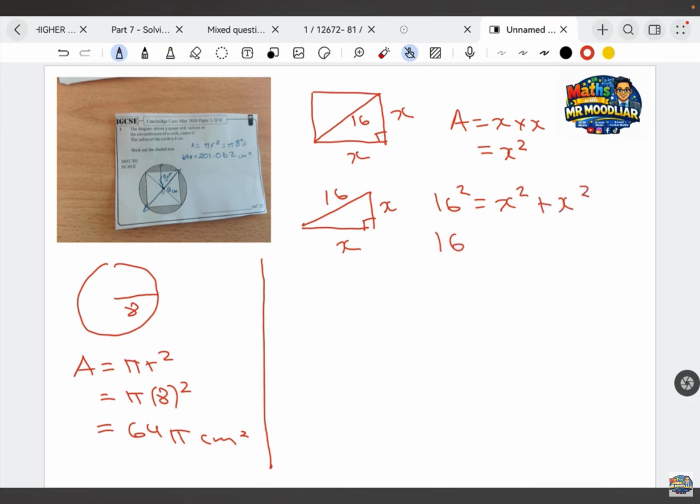Let's simplify the right hand side. That's going to give you 2x squared. Then divide by 2. So 16 squared over 2 is going to give you x squared. Using our calculator, 16 squared divided by 2 gives you 128.